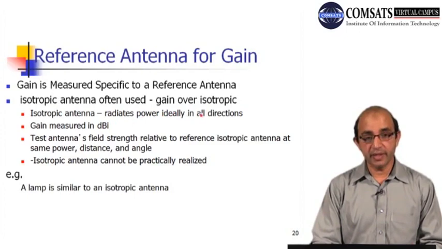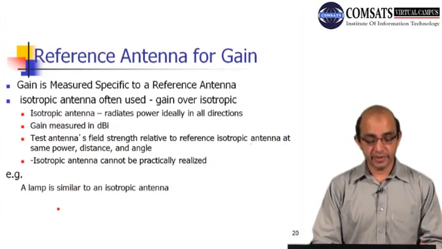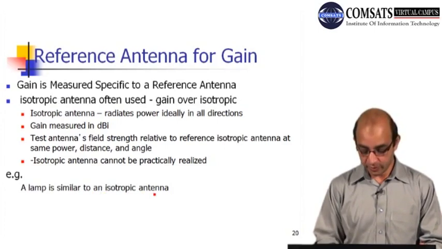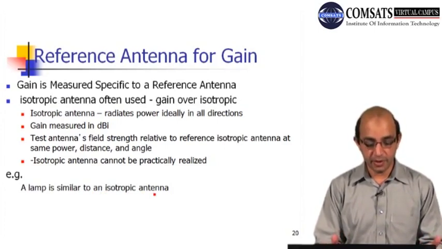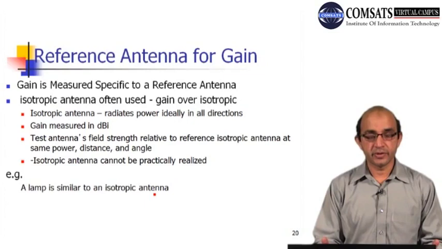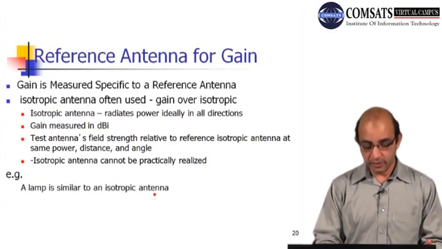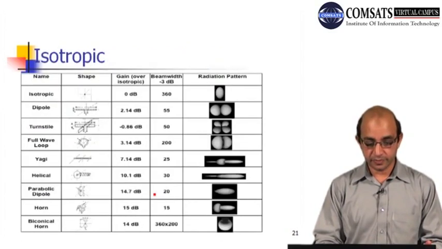It radiates power ideally in all directions, and gain is calculated in dBs. The test antenna's field strength is measured relative to the reference isotropic antenna at the same power, distance and angle. The best example is a lamp, which is similar to an isotropic antenna, because it is almost radiating the same energy in all directions.